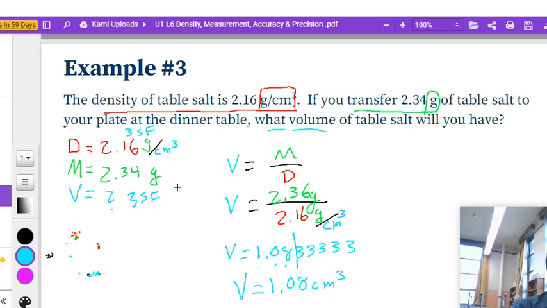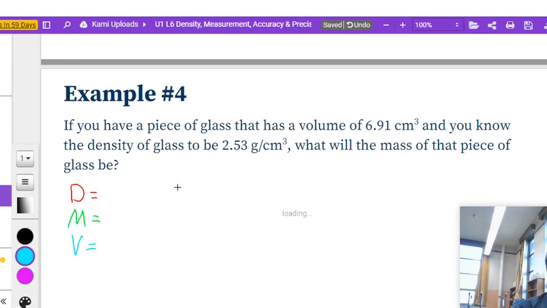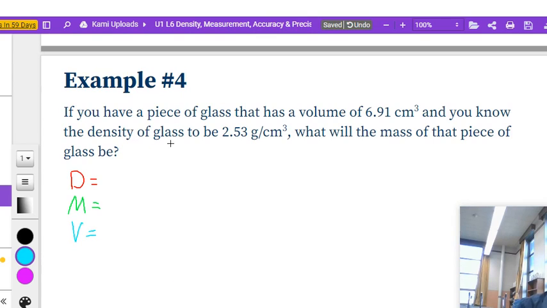All right, one more, and then we'll be done for today's lesson. Okay. So this problem says you have a piece of glass and you know its volume is 6.91, and that's going to be centimeters cubed.